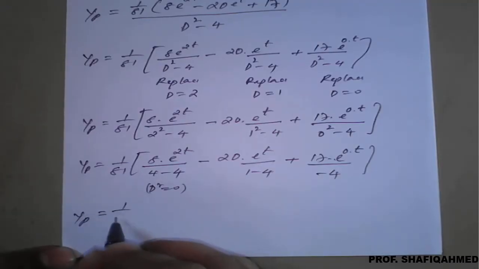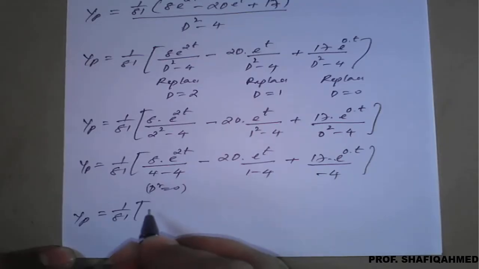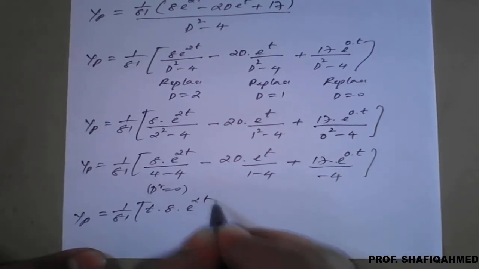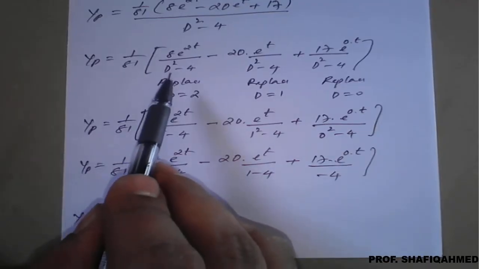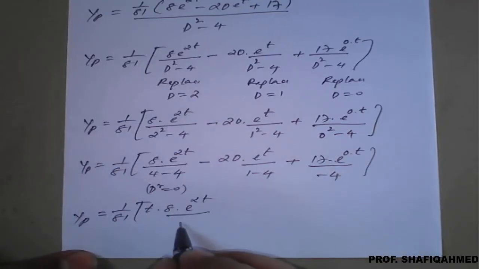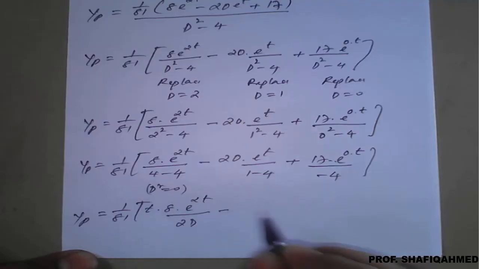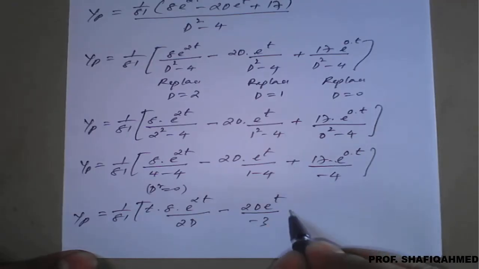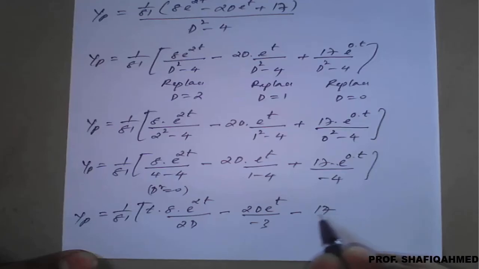So yp is equal to 1 upon 81 of t into 8 into e raised to 2t divided by the differentiation of d square minus 4, which is nothing but 2d, minus 20 e raised to t divided by minus 3, and plus 17 upon 4.